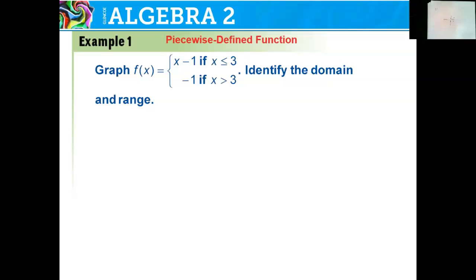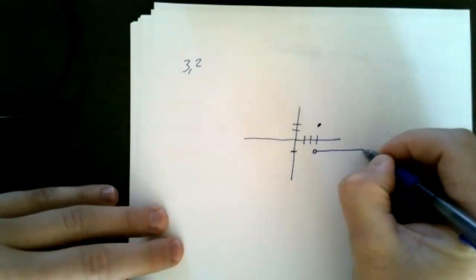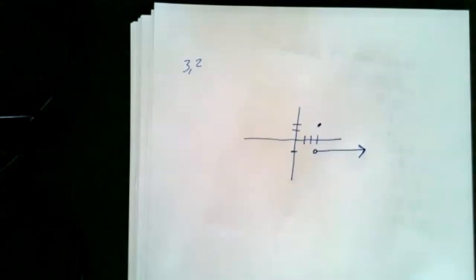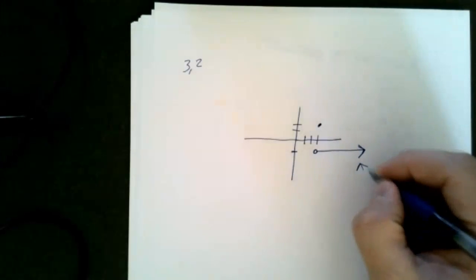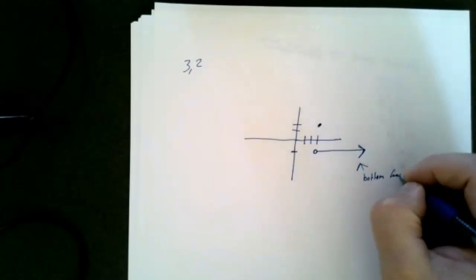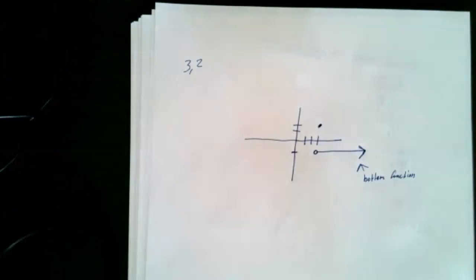So this graph is going to extend on forever, being -1 all the way to positive infinity. Like that, just a nice horizontal line. And that takes care of the bottom function.